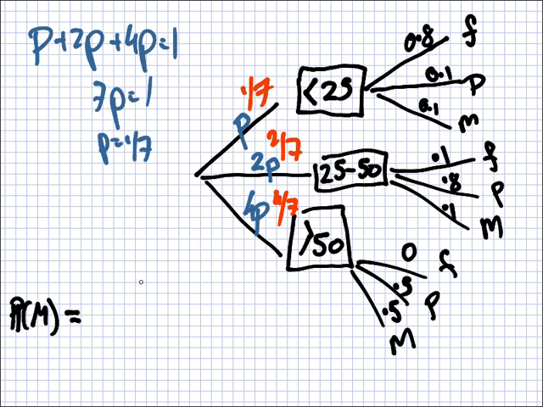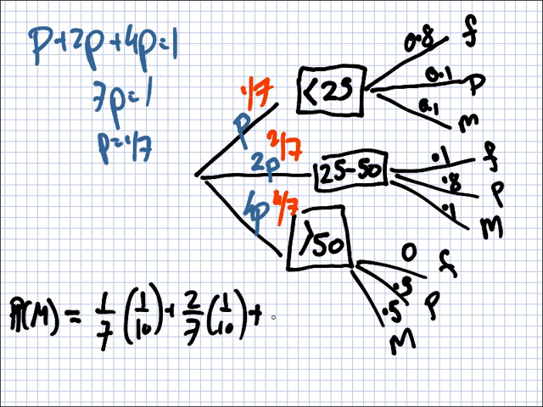So the probabilities would be 1/7 times 1/10, plus 2/7 times 1/10, plus 4/7 times a half, or I'll write it as 5/10, because then it's easy in my head. This is all over 70, so that's 23 over 70.